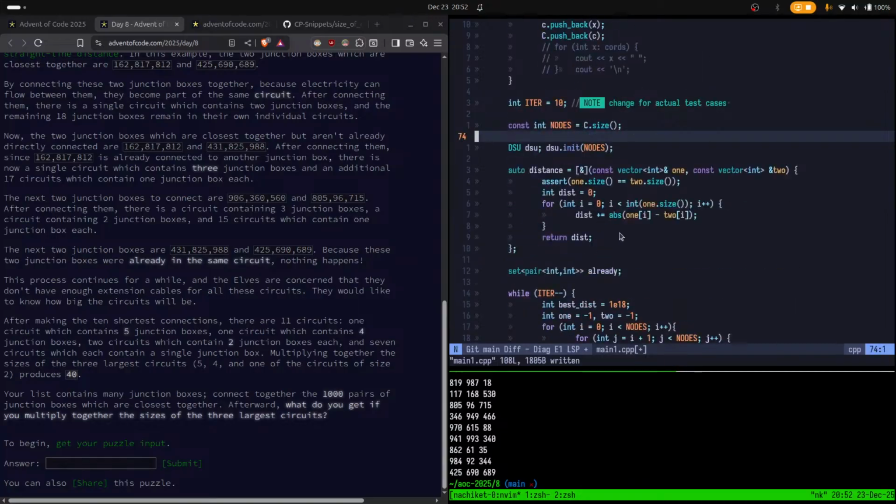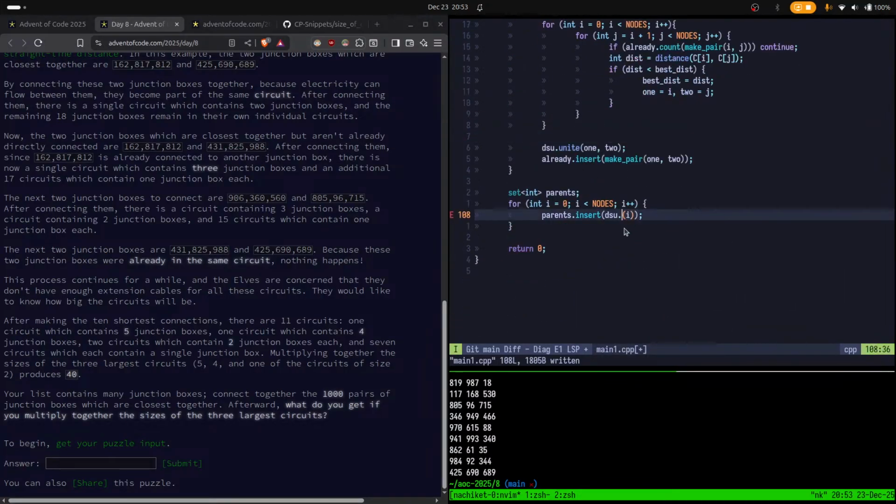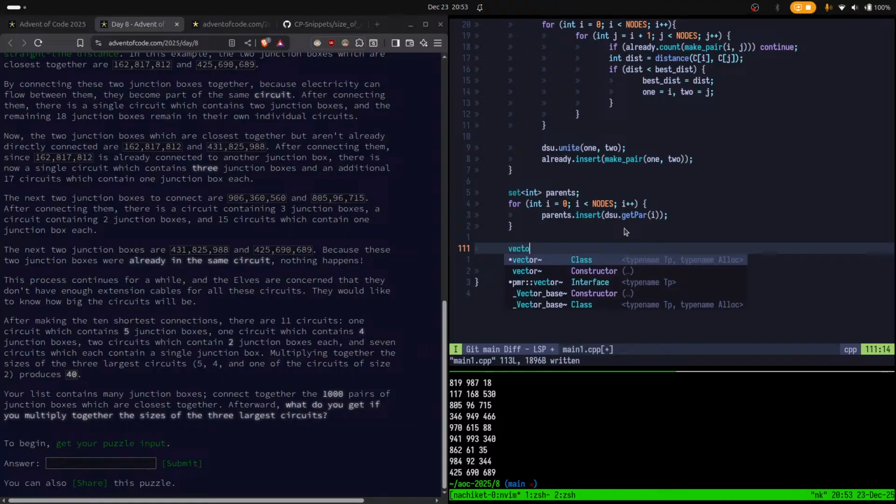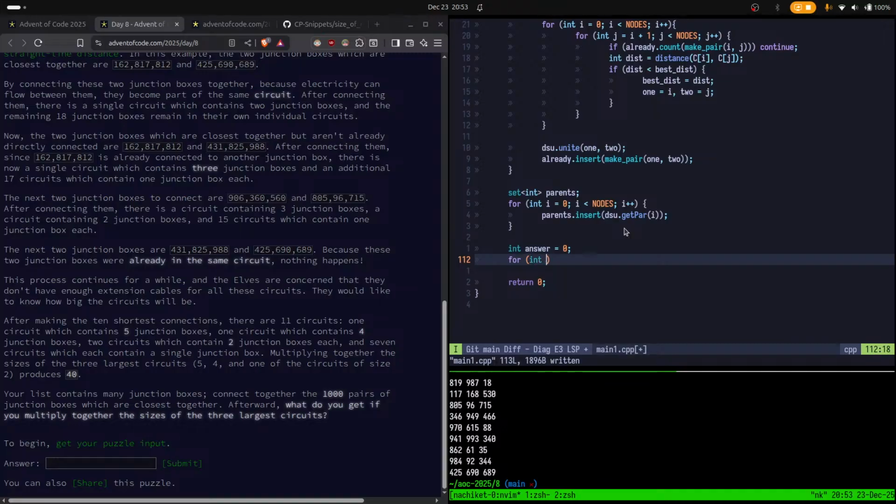Get parent. Once you find out all the parents, you need their sizes. Let's come to the answer here itself. Let's print here.